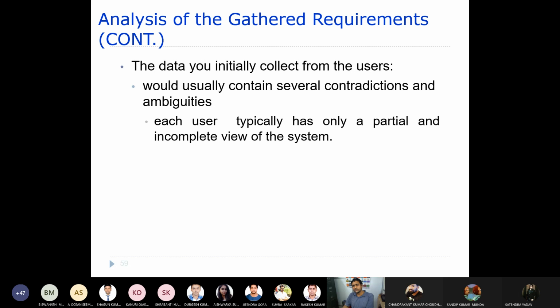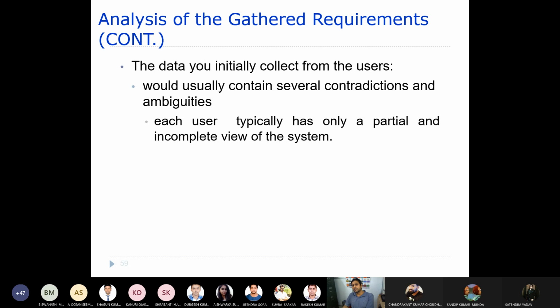So when you are collecting this data from the users, right? Users always have a very partial view of the system, right? As I told you before, if the software contains various modules, one module may be financial accounting related, another is academic, another maybe related to course registration, right?